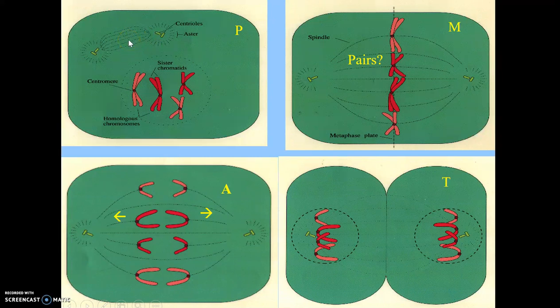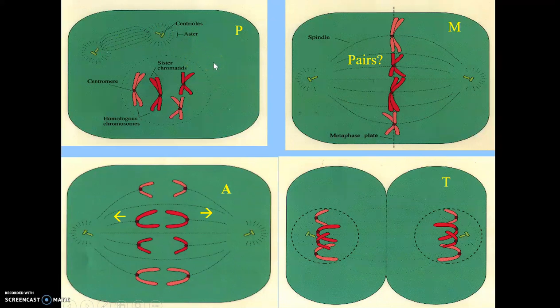Well, they actually repel each other. They push each other apart, kind of like poles on a magnet. If we have the north pole of two magnets together, it pushes them apart. Well, the centrioles are still producing spindle fibers down here, so these are getting longer, but they're pushing each other apart. And what that does is it moves the centrioles to opposite ends of the cell.